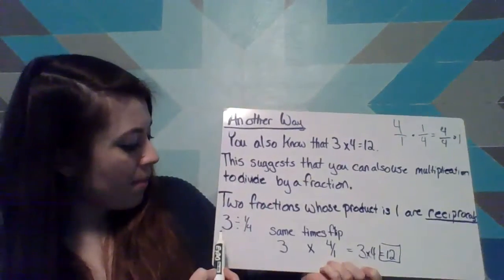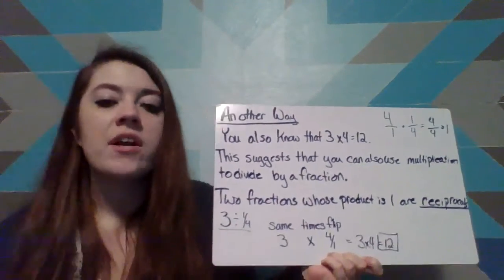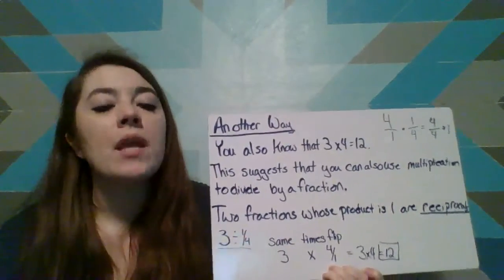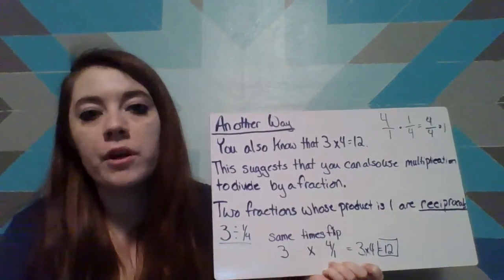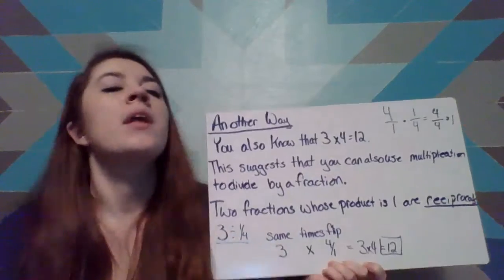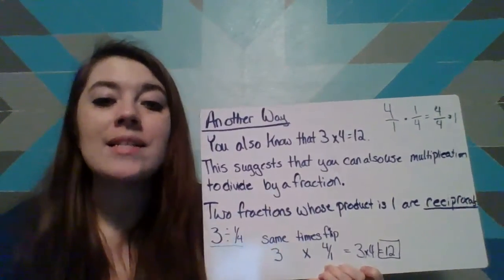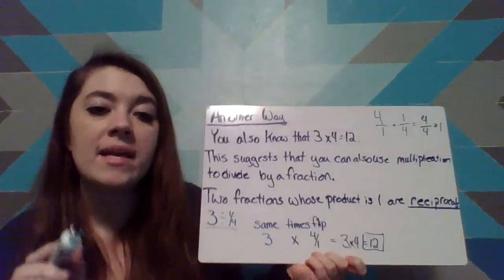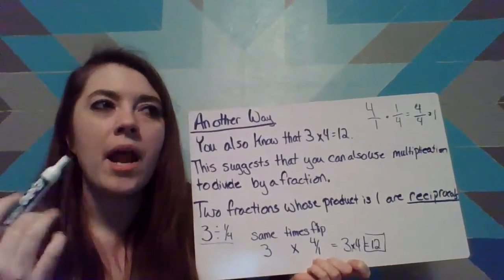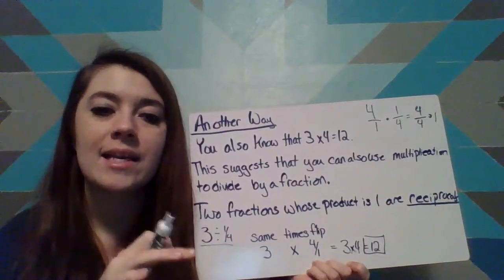So our problem was 3 divided by 1/4. There's this lovely little phrase that if we were in class, you'd hear me say over and over again, and I will continue to say it as I do these lessons: same times flip. Now some of you may know it as a slightly different phrase in other classes.